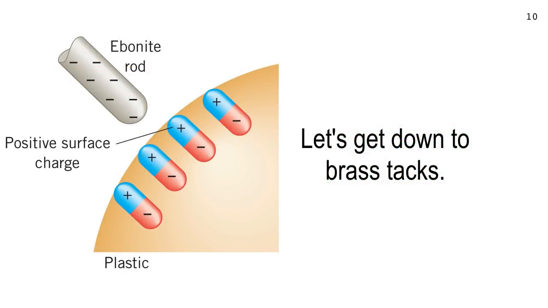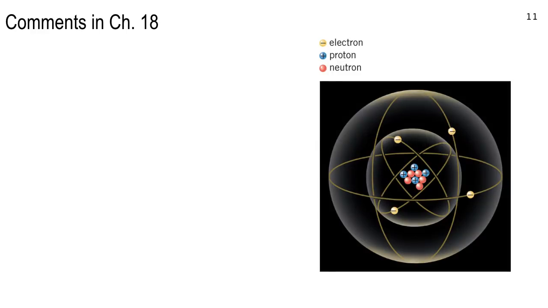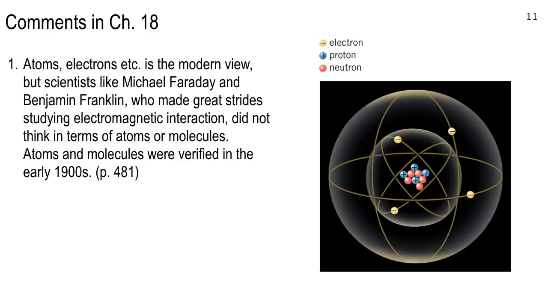So let's keep going, and we're going to get down to brass tacks. I'm going to give you some comments now from chapter 18. They begin the chapter talking about atoms, electrons, and protons, and to me, that is actually the modern view of it. But in the early days of Michael Faraday and Benjamin Franklin and Ampere and all those guys, they made huge discoveries.